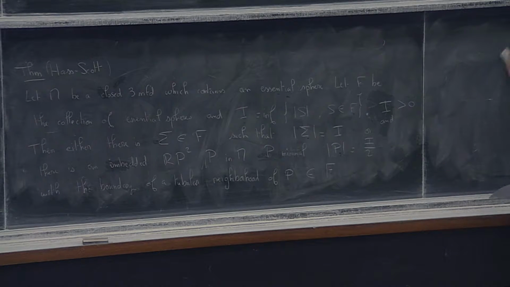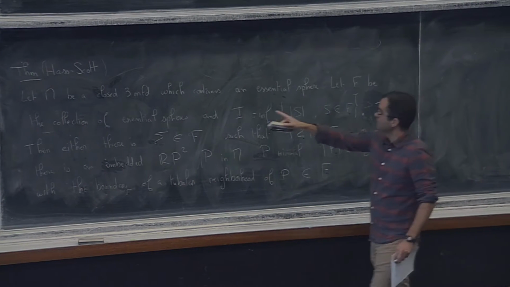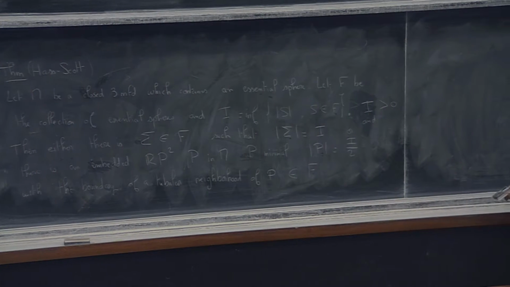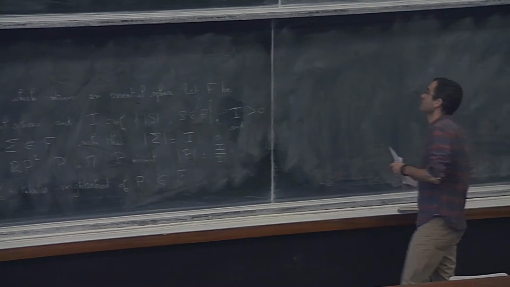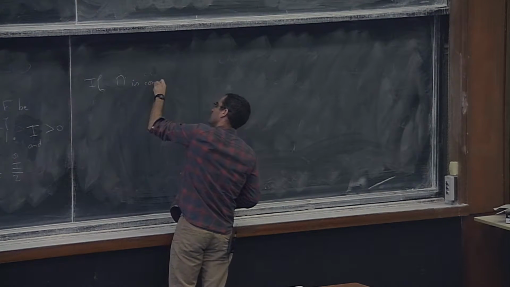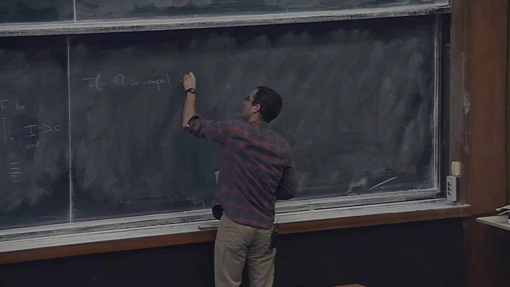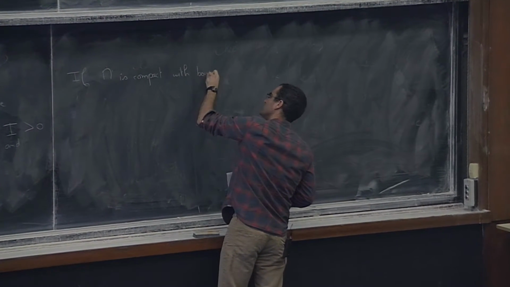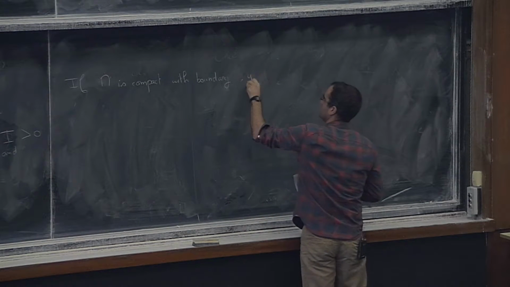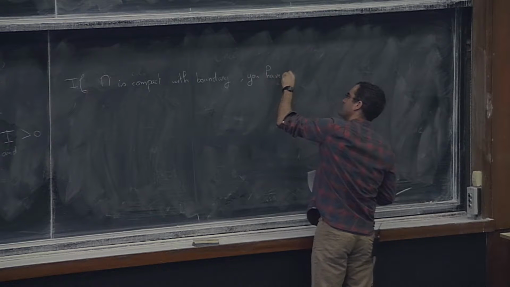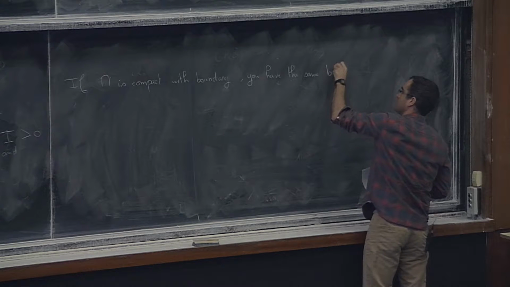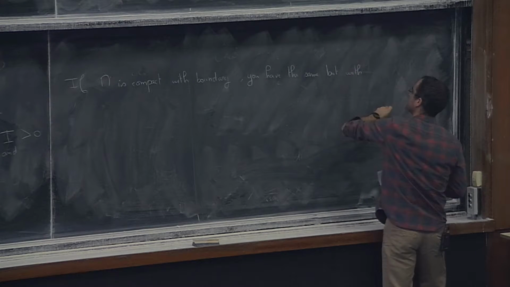Okay, so this is the version when M is a closed three manifold. In fact, you can do exactly the same if M is compact with boundary, but with an extra hypothesis.